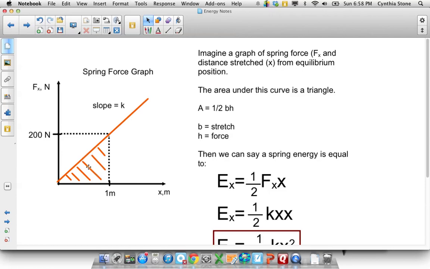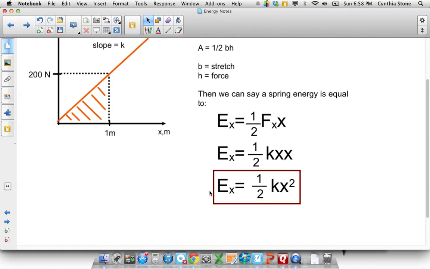If I want to find the energy stored in that spring, which is really the work needed to stretch it that far, I can still do this because it's just a regular shape. I don't need to use integration. Now it's a triangle, so it's 1/2 base times height, where the base is a meter and the height is 200 newtons.